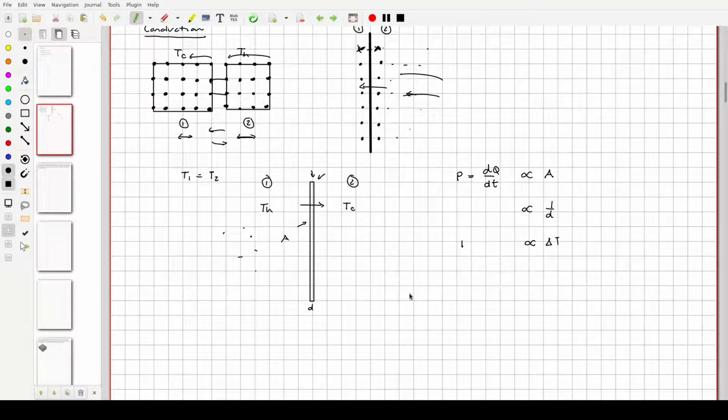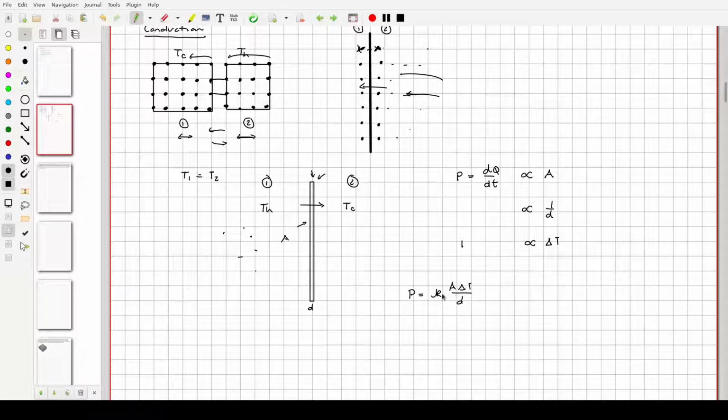what you'll discover is that the power loss is proportional to the area of the thing, the change in temperature that you're looking at, and also the inverse of the distance between the two. Now we put a constant out in front.